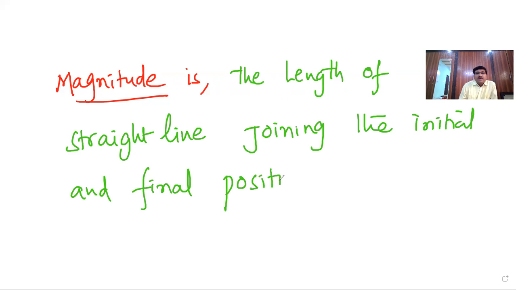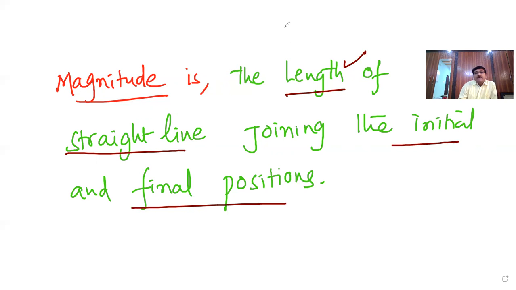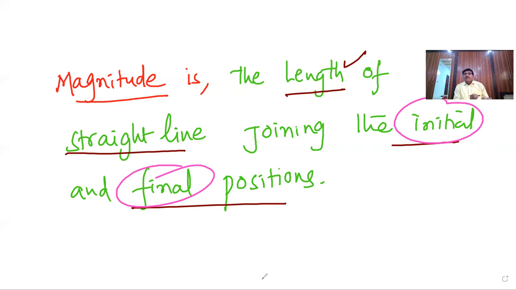In this way also you can define it: length of the straight line joining the initial and the final position. Or simply, it is the shortest distance between the initial and final position. This is nothing but the magnitude of the displacement vector.